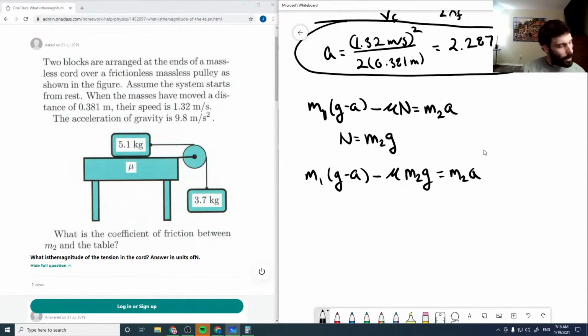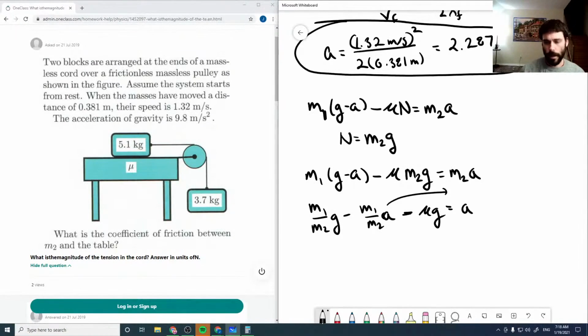So now dividing through by m2 and separating this out, we've got m1 over m2 g minus m1 over m2 a minus mu g is equal to a.